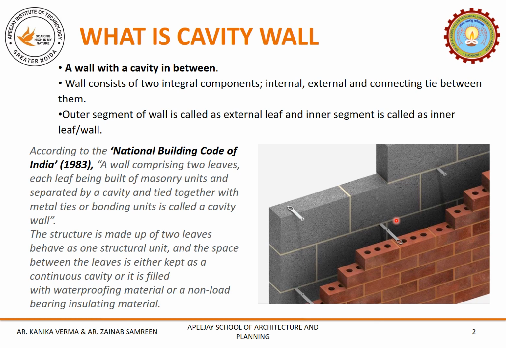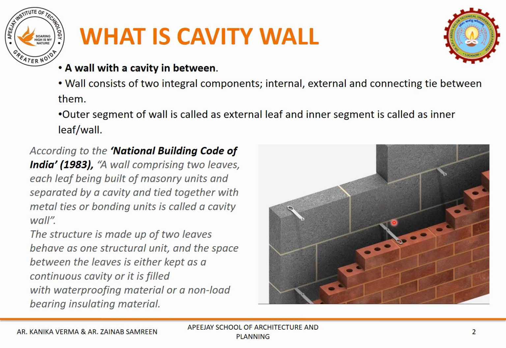So here we get an idea that there are 3 basic components of a cavity wall: an outer wall, or you can say an outer leaf or skin, an inner wall or inner leaf or skin, and the metal ties.